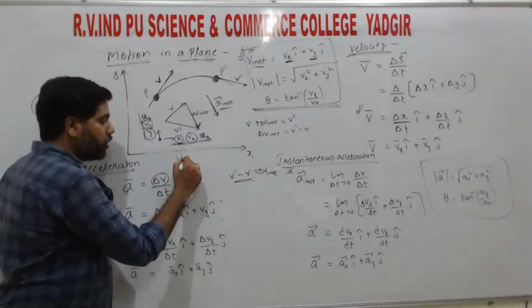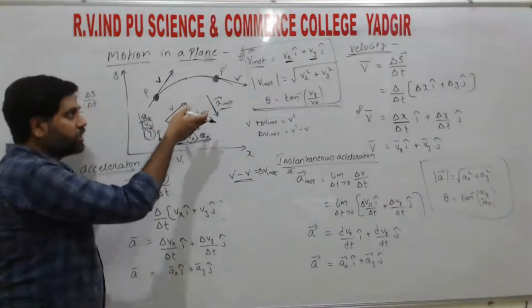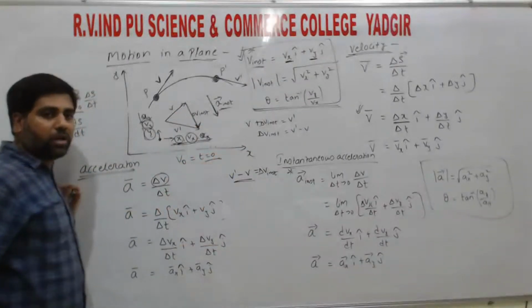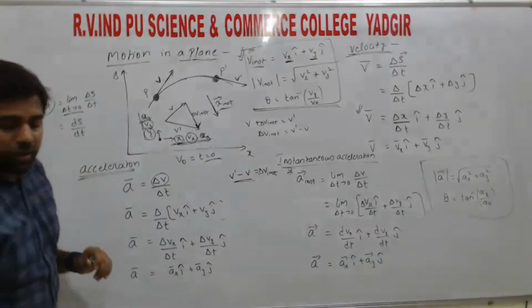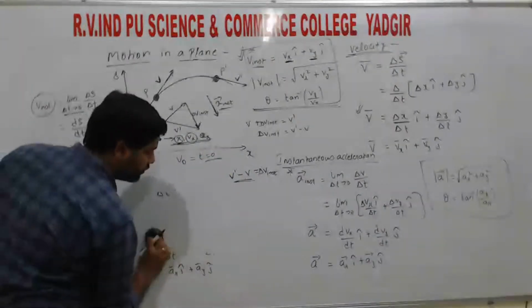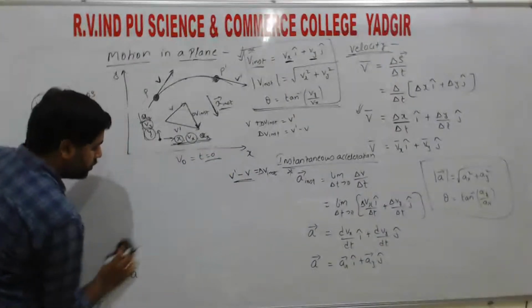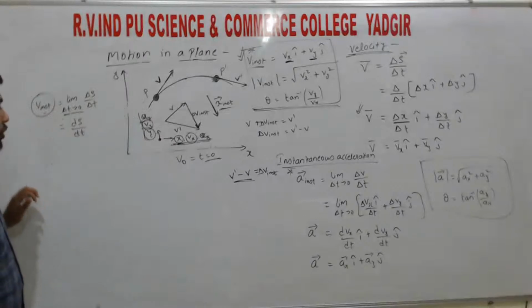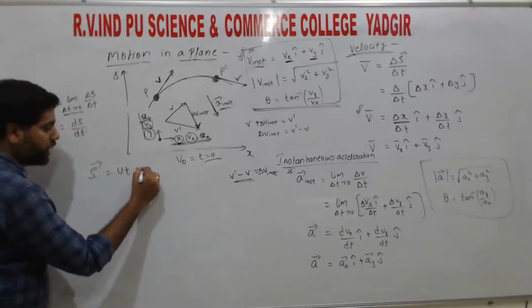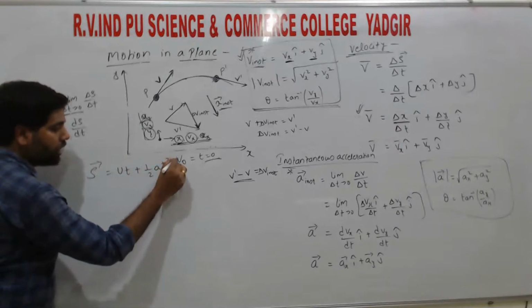If we take the initial velocity, that means v0, that is when t is equals to 0, right? So now if we write the equations of motion in two dimension, initially we have s equals ut plus half at square, right?